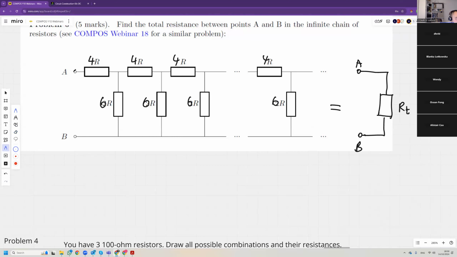So adding another 6 ohm here and another 4 ohm here. I just want to do 4 ohm, 6 ohm, 6 ohm, 6 ohm.